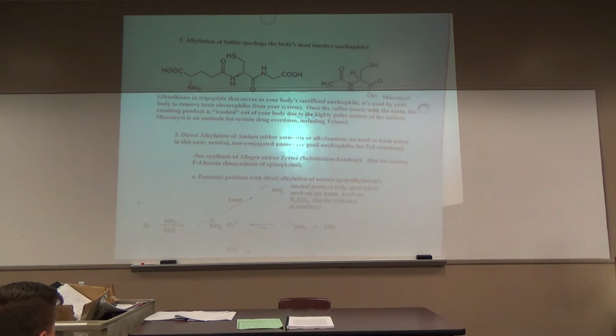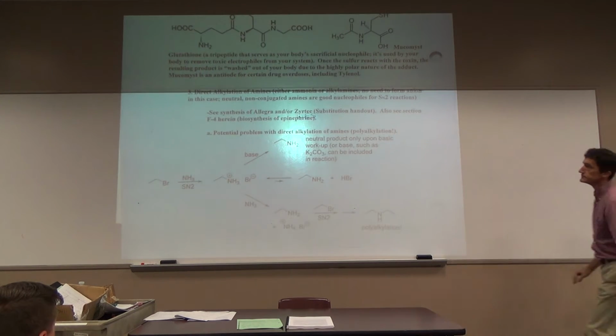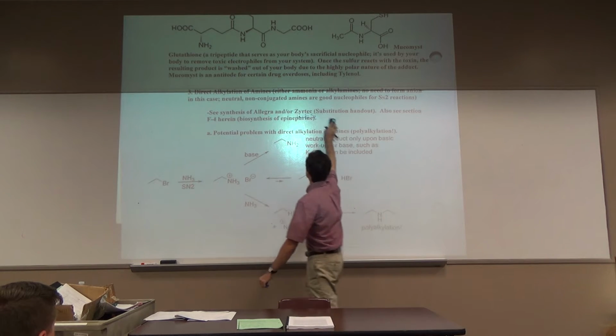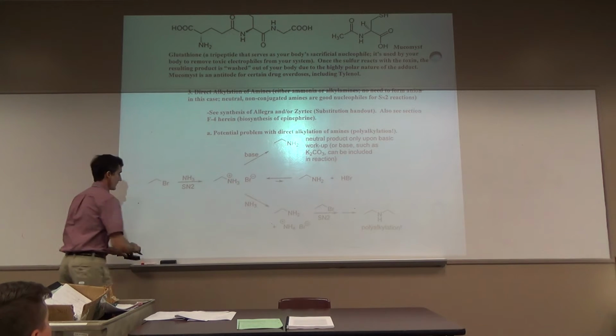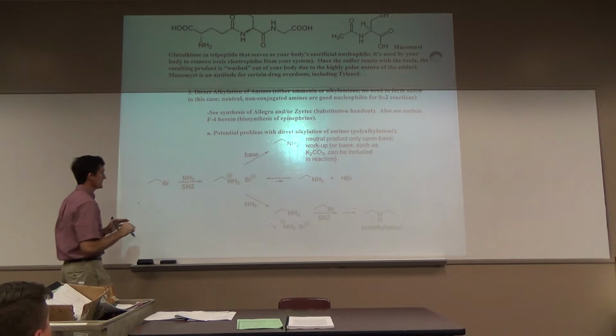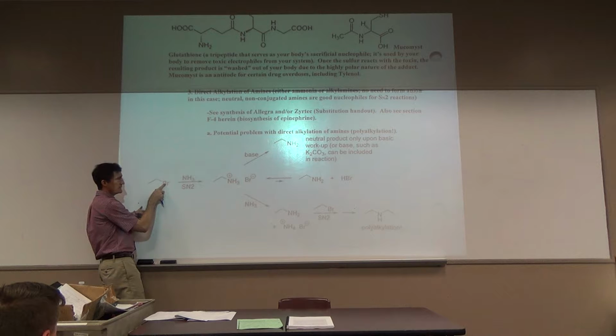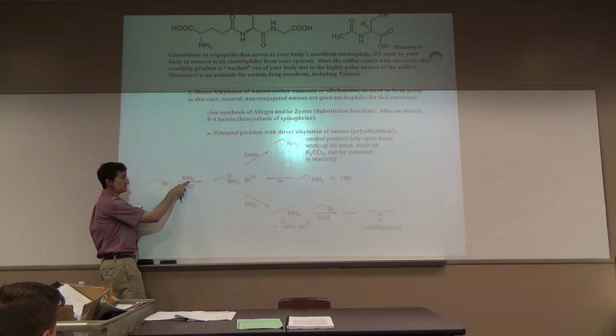What about nitrogen? We can alkylate nitrogens, but there is a potential problem with nitrogens. For example, we could take this carbon with a leaving group, react with ammonia. It's a good nucleophile. These electrons could come in here and kick that off.